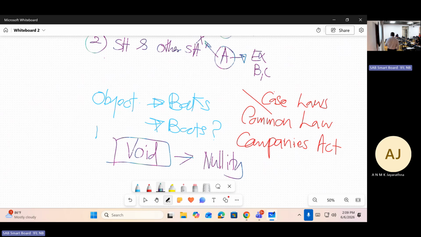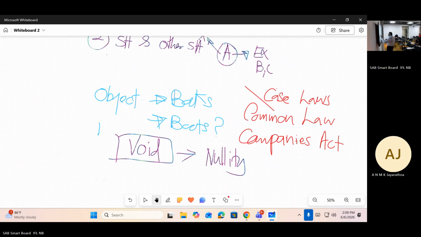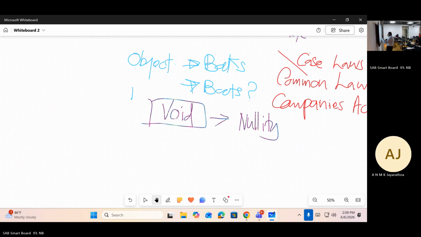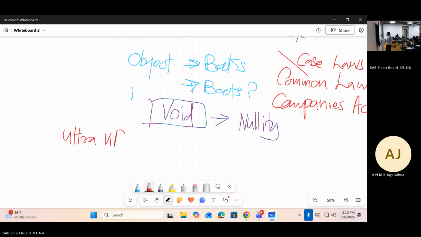Then that type of contract is named an ultra vires transaction.